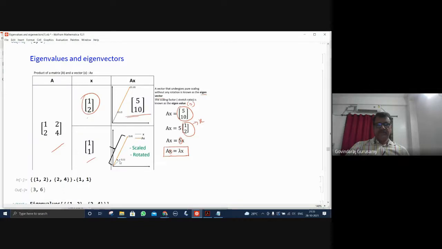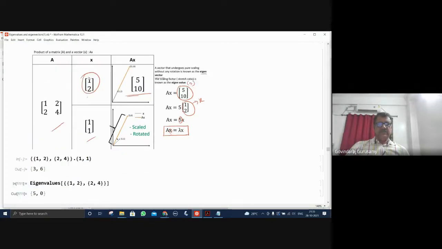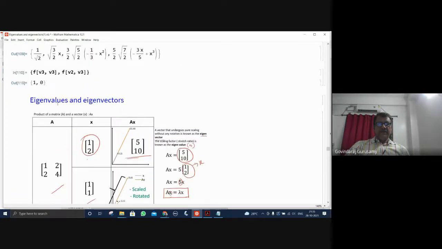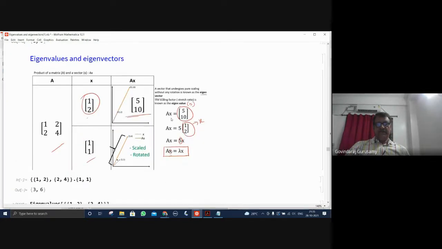But here it is going to be a rotation plus scaling also takes place. So your simple eigenvalue eigenvectors imply that you are multiplying a matrix on the vector which is being scaled by lambda into x. That's another vector, which is the lambda here. So your lambda is sitting here. And you can see here this is lambda. 5, this 5 can be taken out.